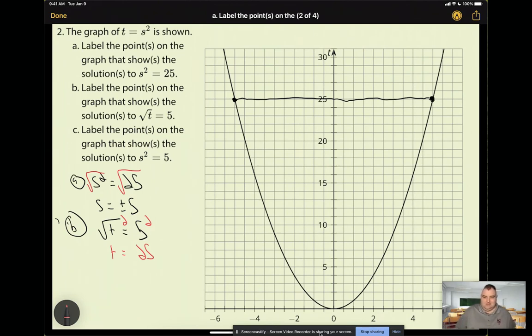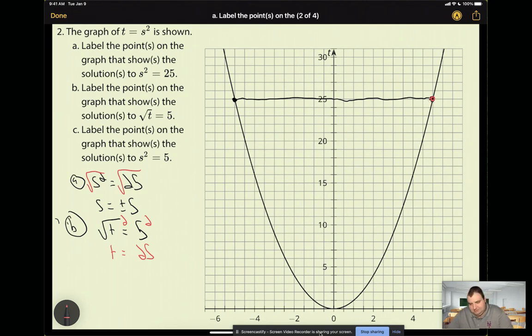So when t equals 25, s is going to equal positive 5. Remember, t is really our y-axis.